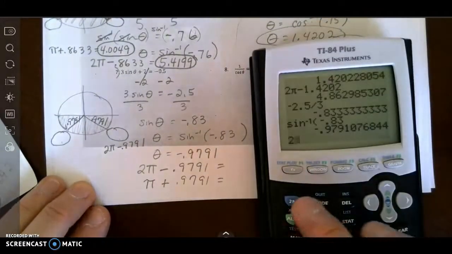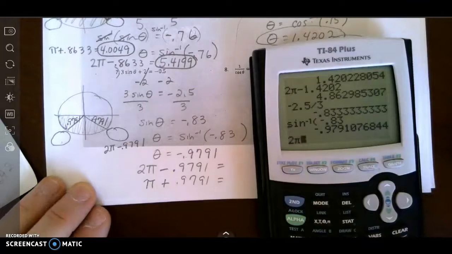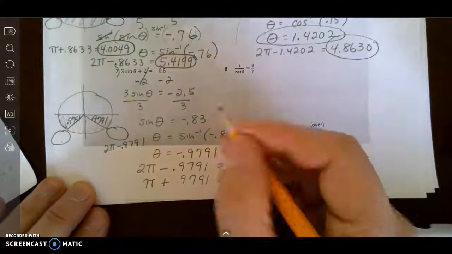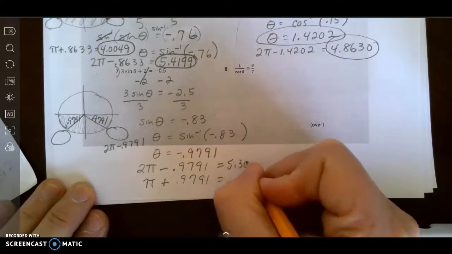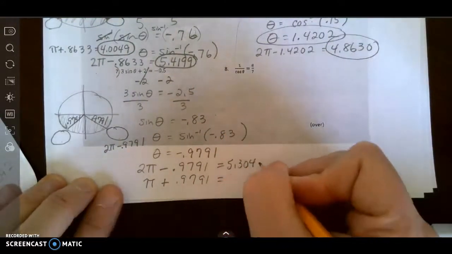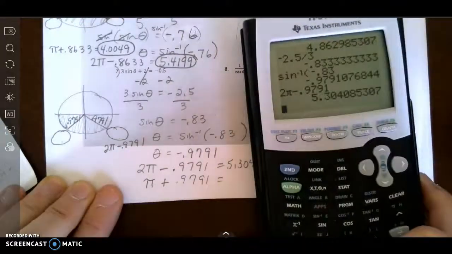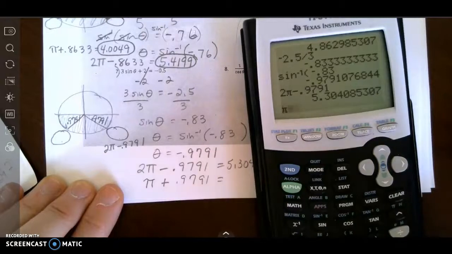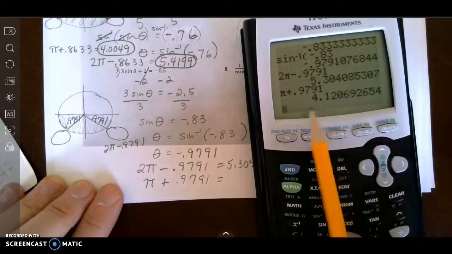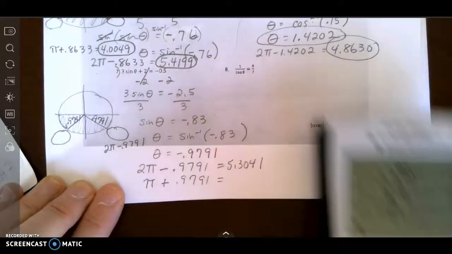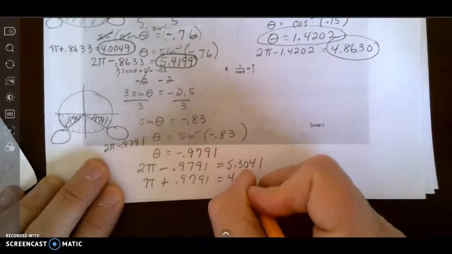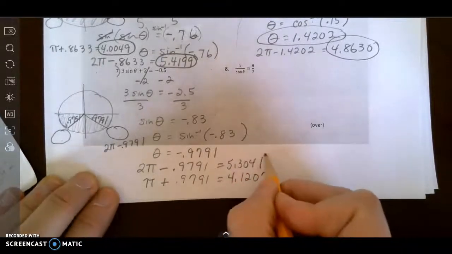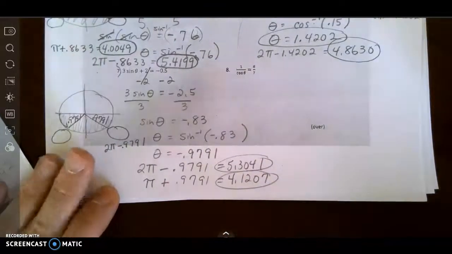So 2 pi minus 0.9791, and I get 5.3041. Because that 8 bumps the 0 to a 1, and then I get pi plus 0.9791. I get 4.1207. So those are my 2 answers.